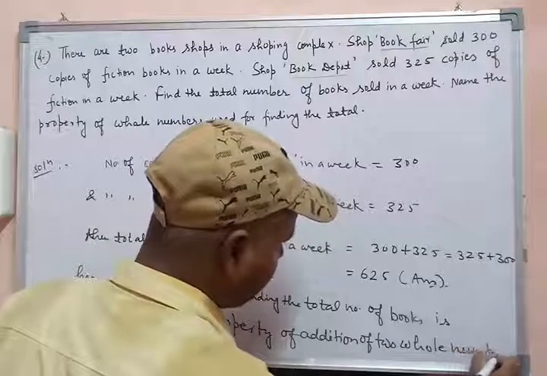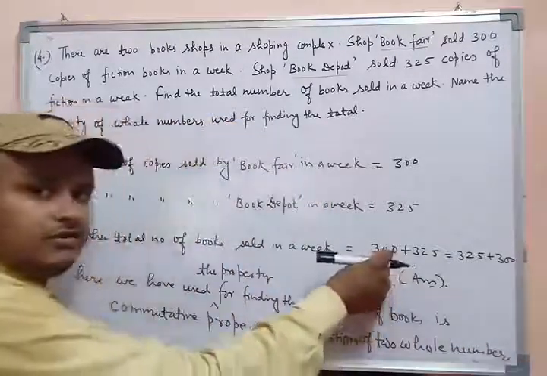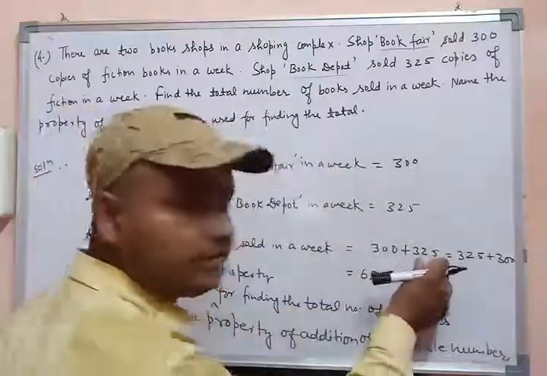Okay students, because this 300 is a whole number and 325 is also a whole number.